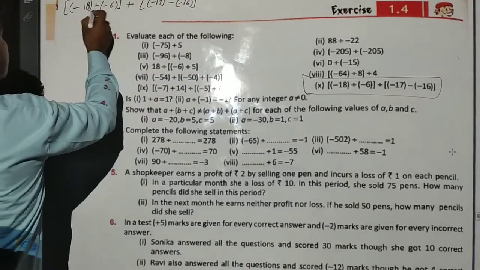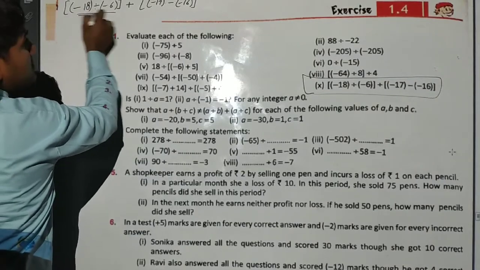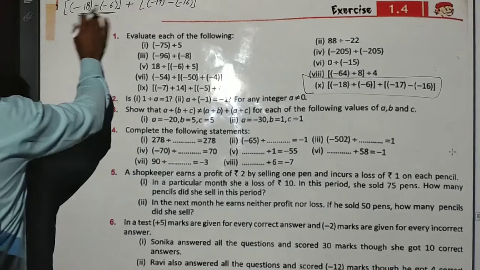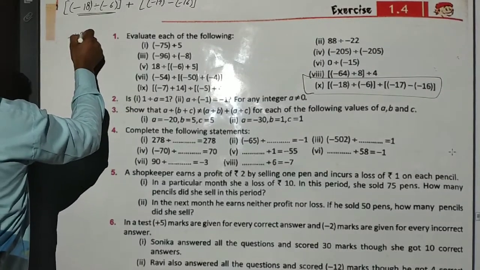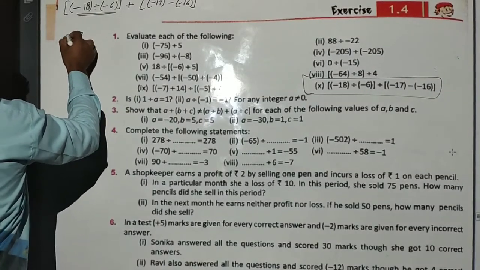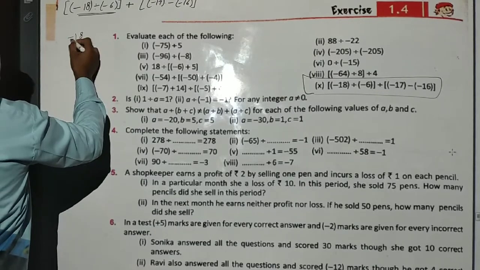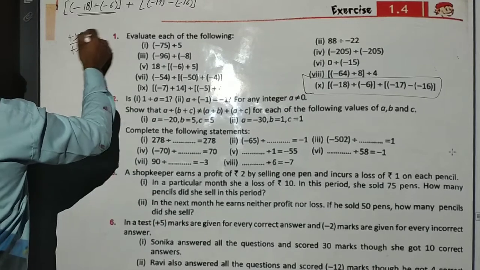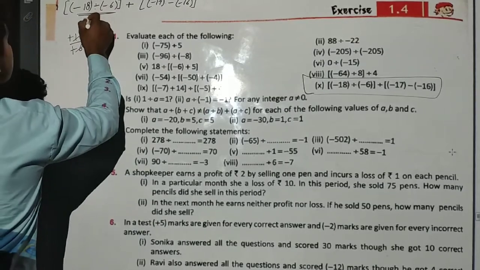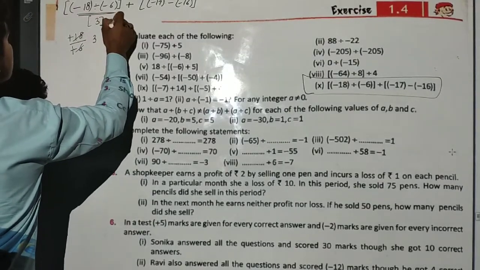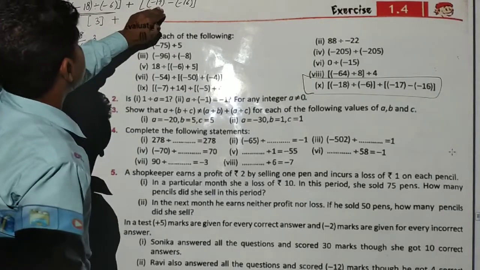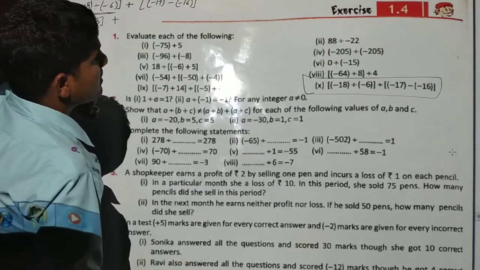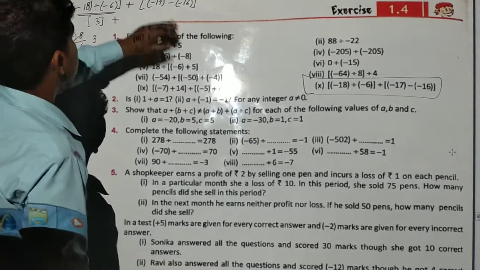So in this, first of all we divide this. Minus 18 divided by minus 6: numerator is minus, denominator is minus, then minus minus is plus, 6 threes are 18. So in this bracket we will get 3, plus minus 17 minus 6.